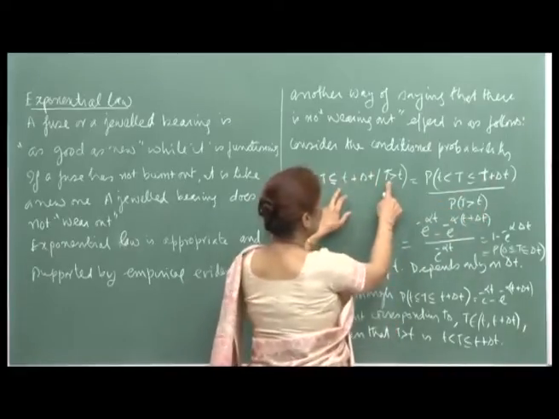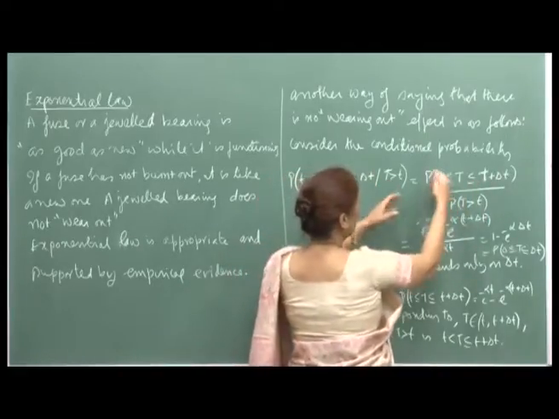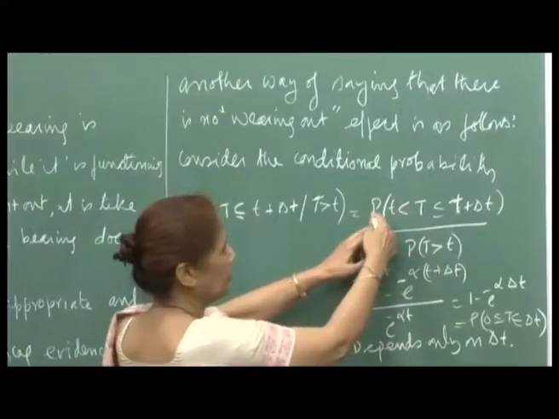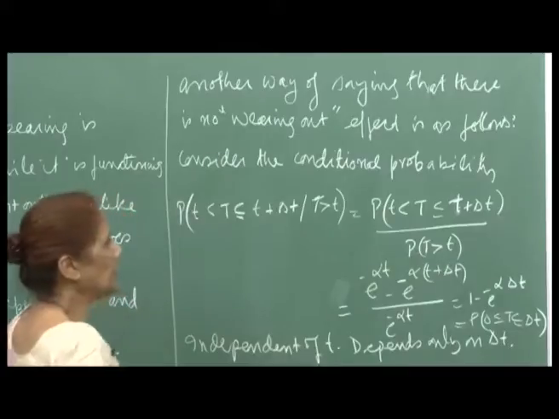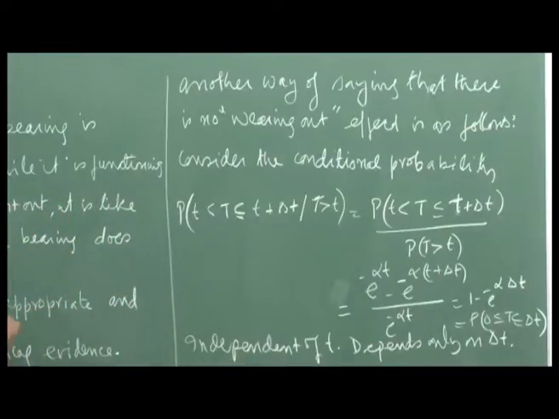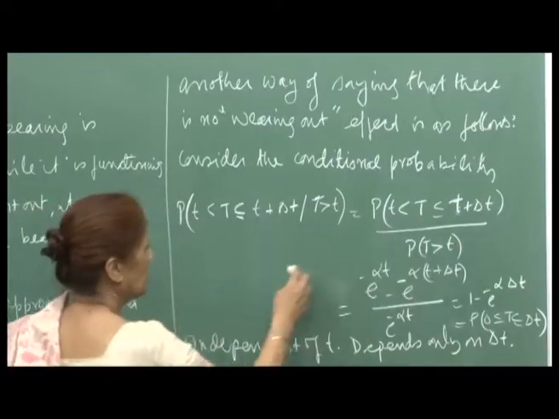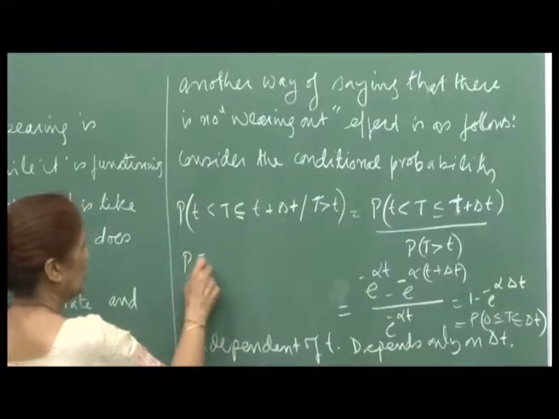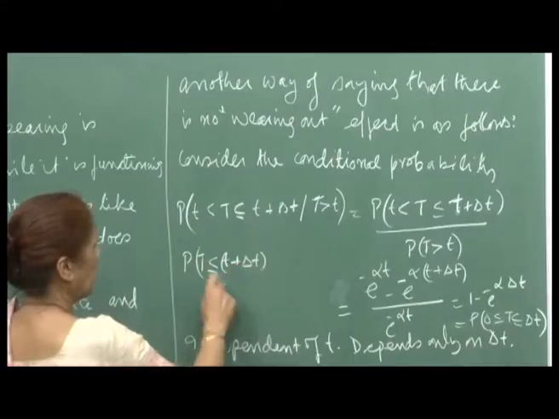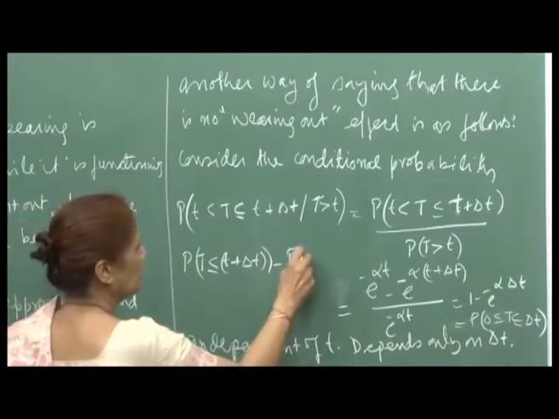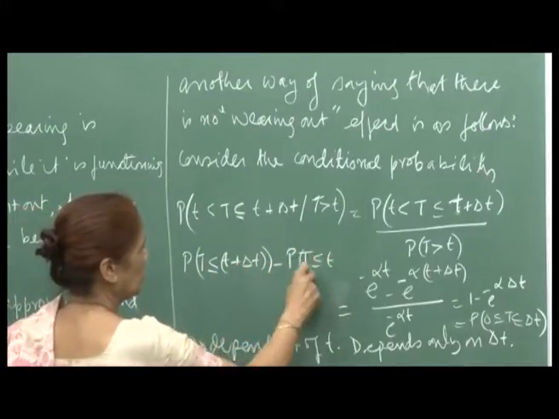So, the conditional probability can be written as the probability of the intersection of the two events divided by the probability that T is greater than t. Now, this you can see immediately is the probability T less than or equal to t plus delta t minus probability T less than or equal to t.